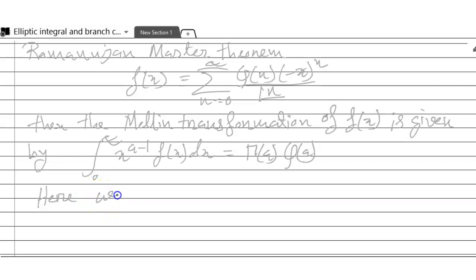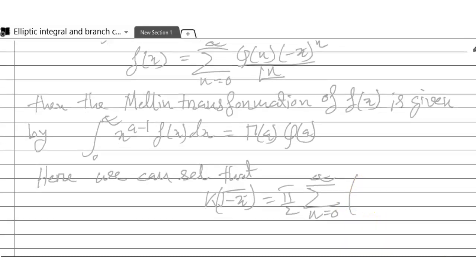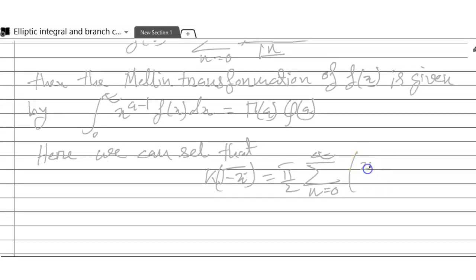So here we can see that K to the power minus x can be written this way: pi by 2 summation n equals 0 to infinity (2n) factorial divided by 2 to the power 2n, n factorial whole square, times minus x to the power n.